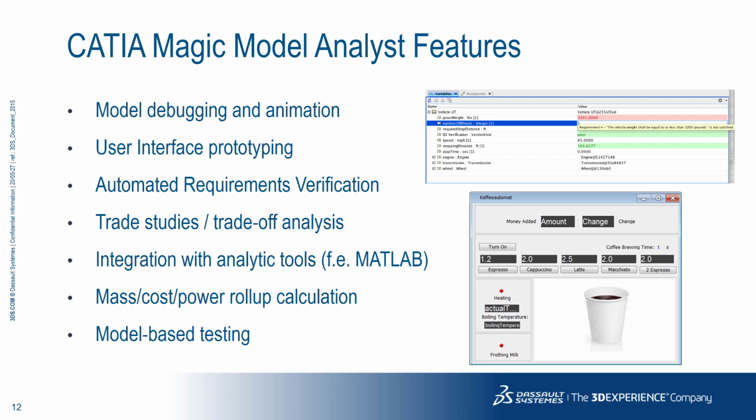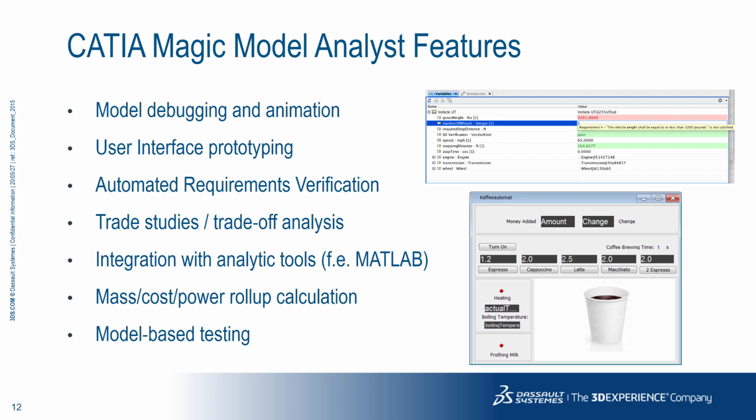Trade studies or trade-off analysis can be performed. Integration with analytical tools is supported. For example, if you have MATLAB and you want to integrate it into CATIA Magic Model Analyst, this is possible with this tool.